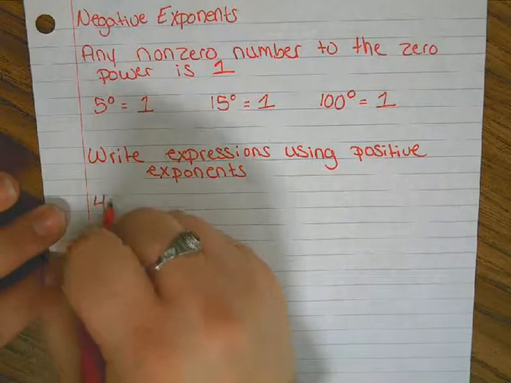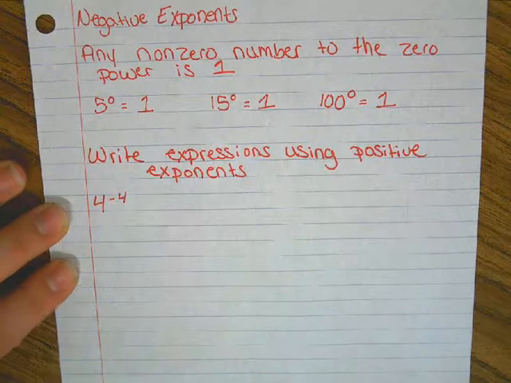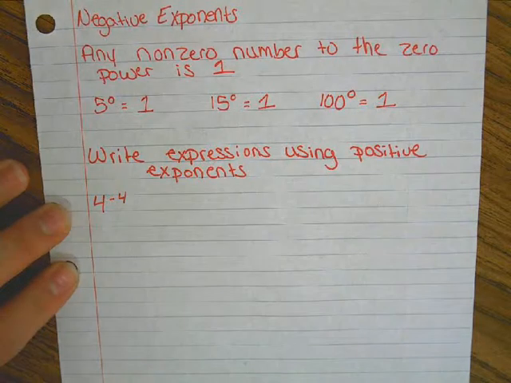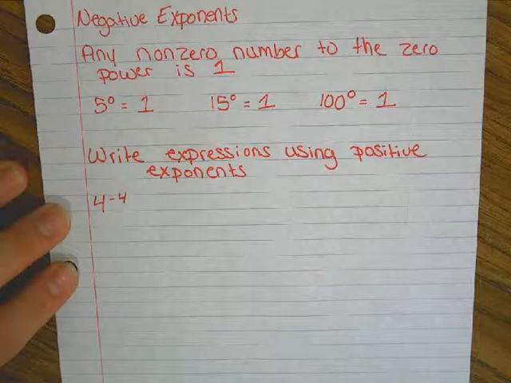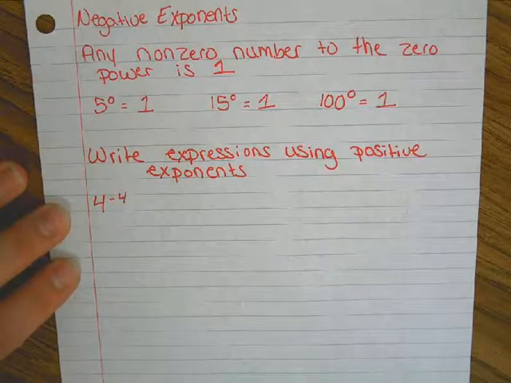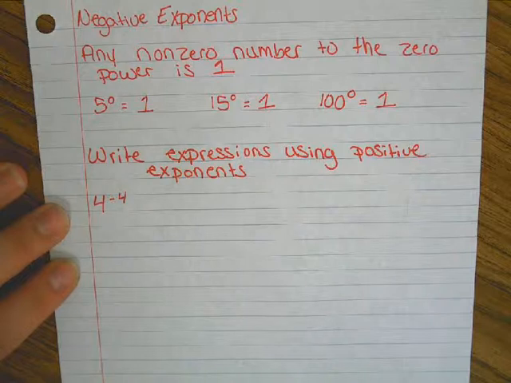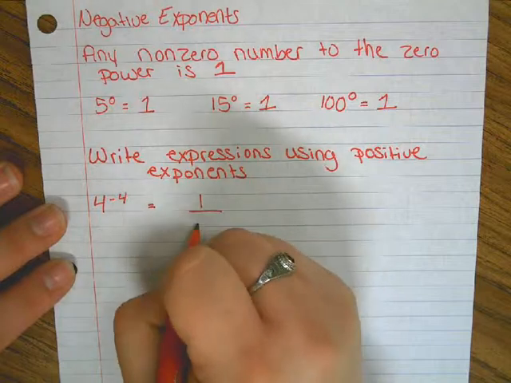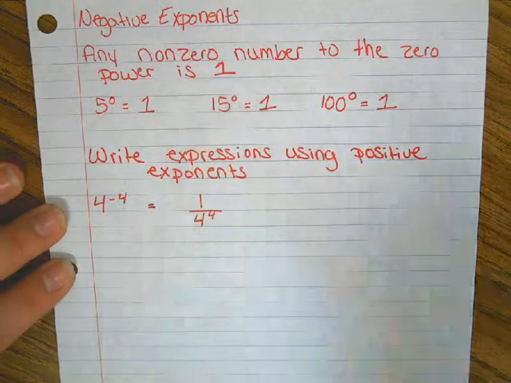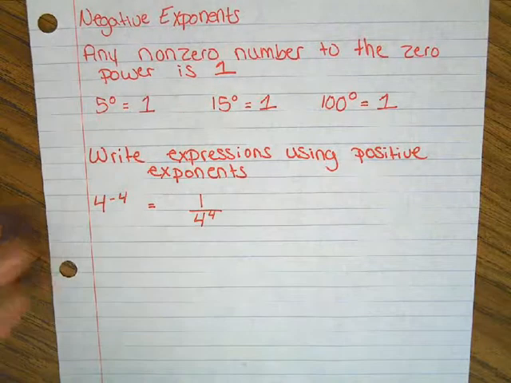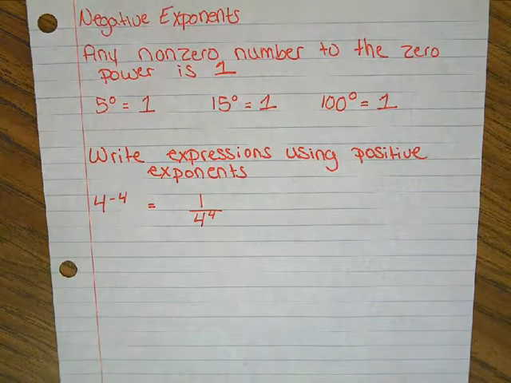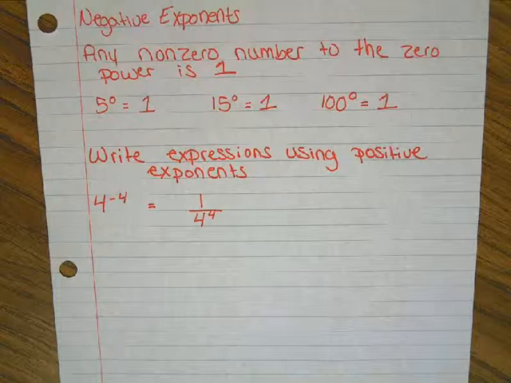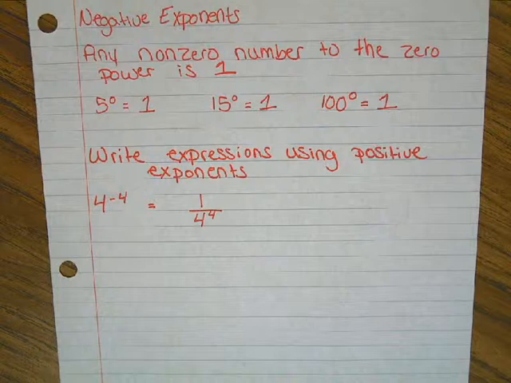If I have 4 to the negative 4th power, we've done a few of these on board math, so who remembers what we have to do? Done a little bit. What do we do? So this is where we just change them and we put a 1 on top, over, and you make your exponent positive. By taking it from the top to the bottom, we've now made it positive, but we can't just have nothing on top, so we put a 1 on top. Okay?